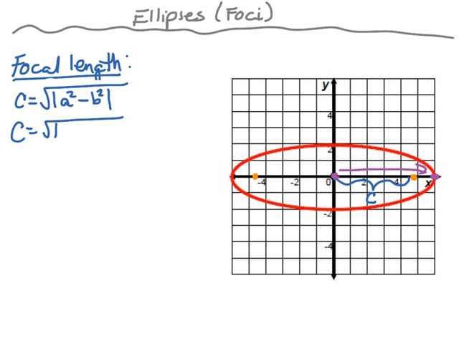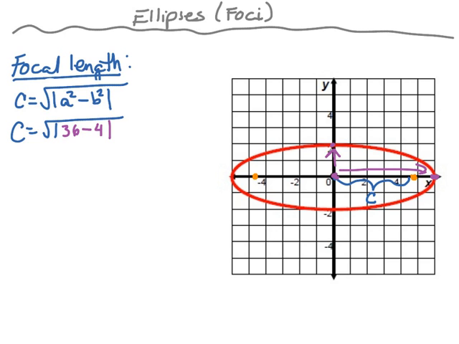So 6 squared would be 36 minus b squared. Now we need the vertical distance. The vertical distance is the distance from the center to this point up here, and that's a distance of 2. But I need to square that 2. So 2 squared would be a 4.